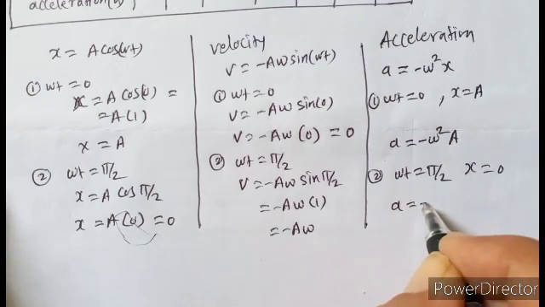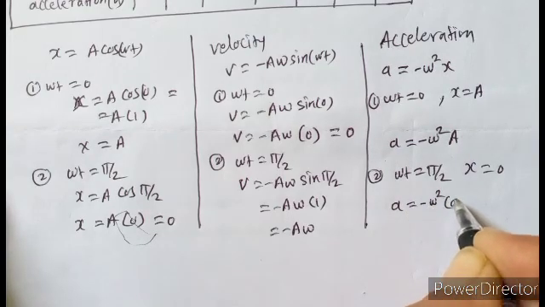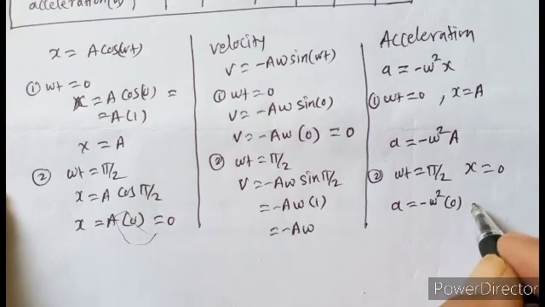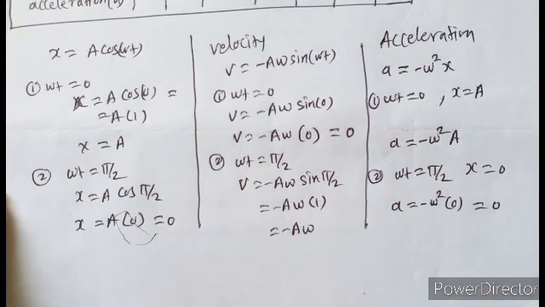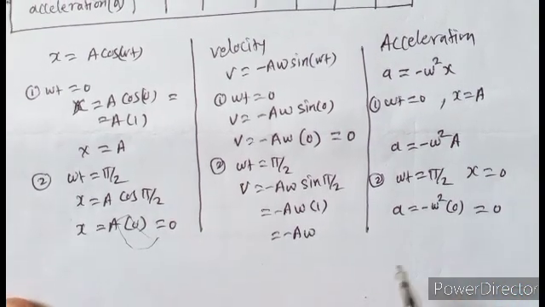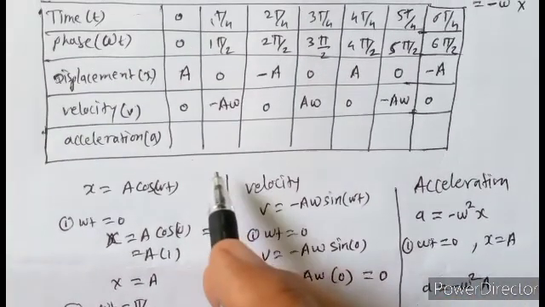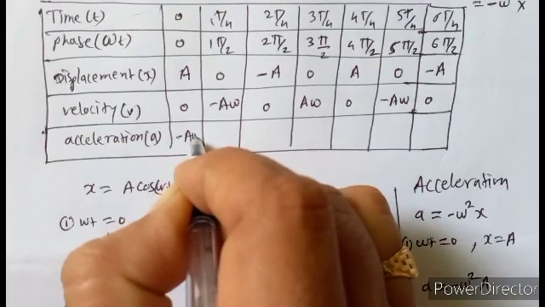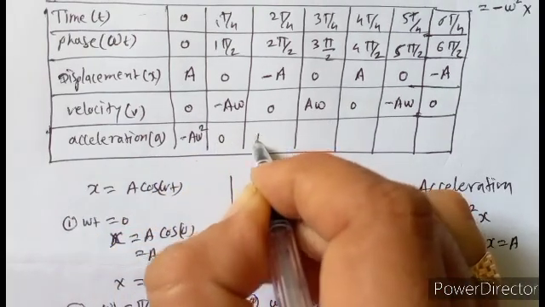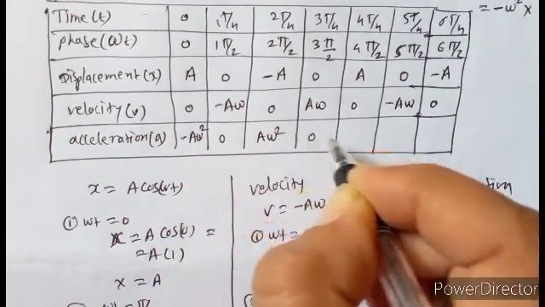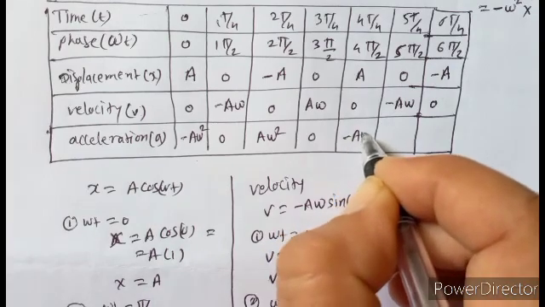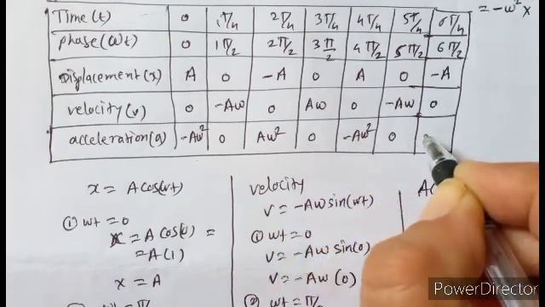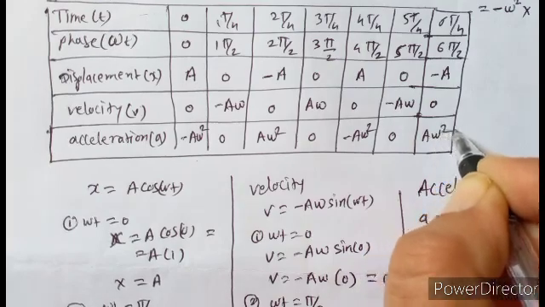So a is equal to minus omega square into 0, which is 0. Substitute these two values in the table. First we get minus a omega square, then 0, then plus a omega square, 0, minus a omega square, 0, and plus a omega square.